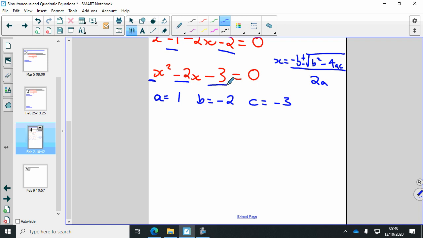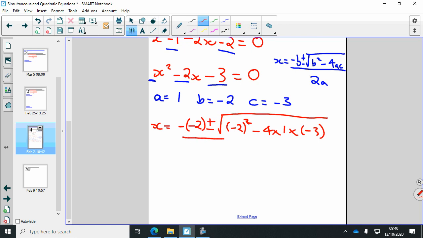So let's put these numbers in the quadratic formula. At the start, we've got minus b, so it's negative of minus 2, plus or minus the square root of b squared, so minus 2 all squared, minus 4 times a times c, and then all over 2a.